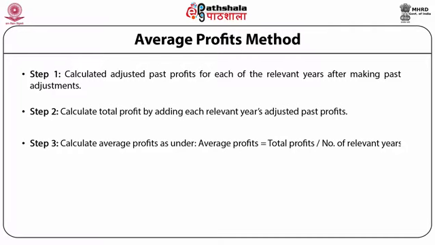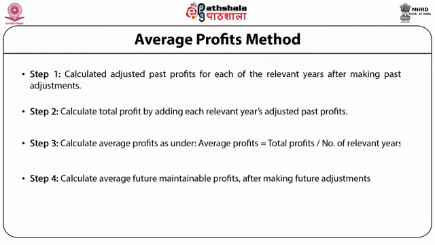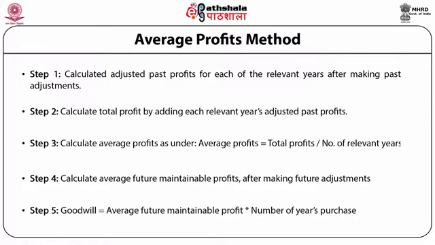After that, average future maintainable profit is calculated. This is calculated after making future adjustments. Lastly, goodwill is calculated by multiplying average future maintainable profit with the number of years' purchase. So, goodwill is calculated with the help of 5 steps in this method.